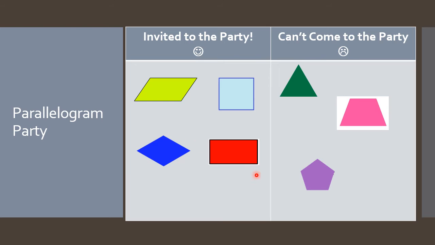There's two sets of parallel sides. Now, who cannot come? The triangle can't, the pentagon can't. What about the trapezoid? Well, a trapezoid only has one set of parallel sides, so he is not invited to the parallelogram party.